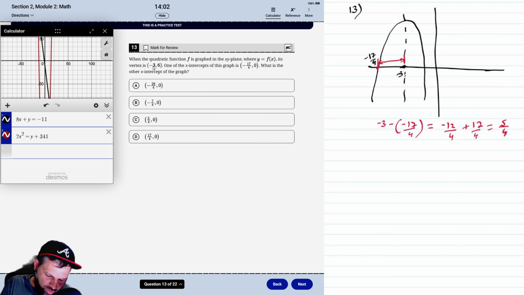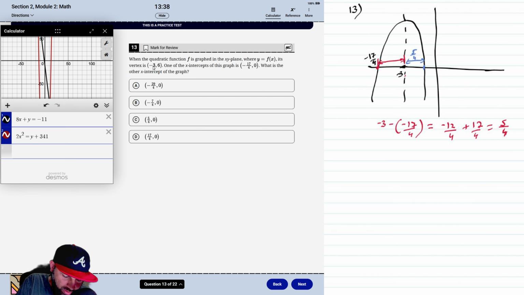Okay, so the x-intercept is 5/4 away from the vertex, and similarly the other intercept on the right is going to be 5/4 away as well. So this distance is going to be 5/4 as well.